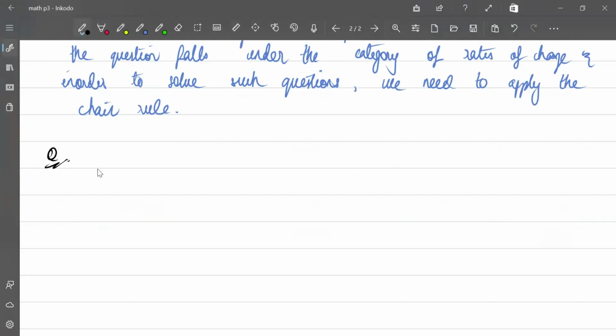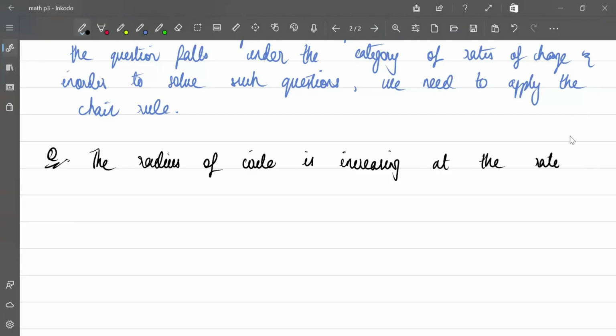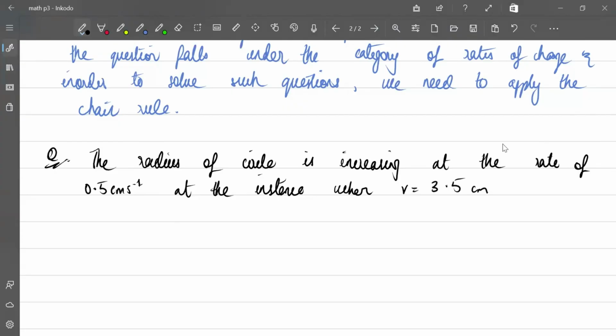So the question says the radius of a circle is increasing at the rate of 0.5 centimeter per second at the instance when r is equal to 3.5 centimeter. Find the rate of change of area.